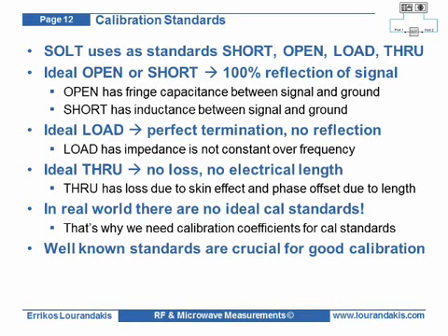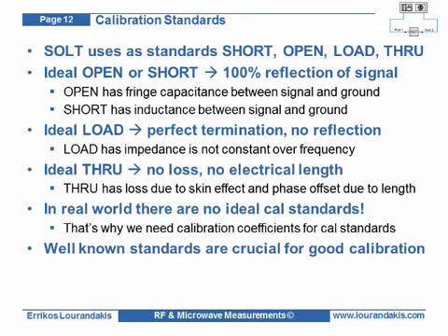An ideal open or short would have perfect signal reflection. In reality, the open has a parasitic fringe capacitance between signal and ground, and the short has an inductance between the two terminals. An ideal load would be a perfect termination resulting in zero reflection. Real-world load standards have an impedance which is frequency dependent.